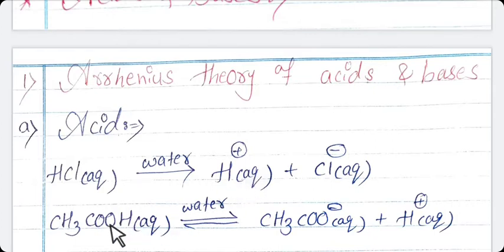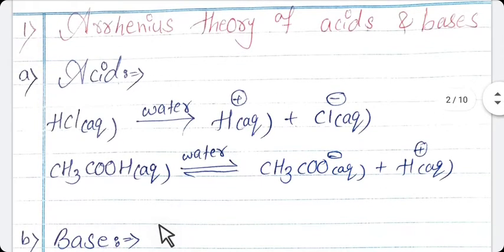Same here, as you are familiar with this compound, it is acetic acid. As a student, you have seen that here we are using a double-headed arrow, which means it is a weak acid. Acetic acid contains hydrogen and gives rise to H plus ion in the aqueous solution.